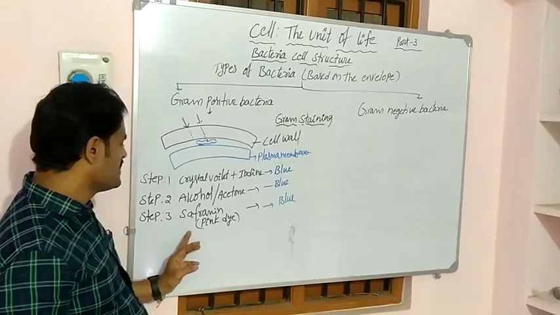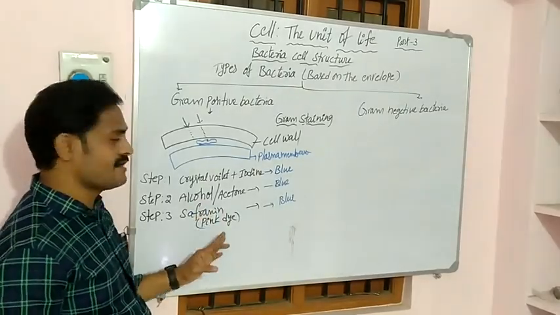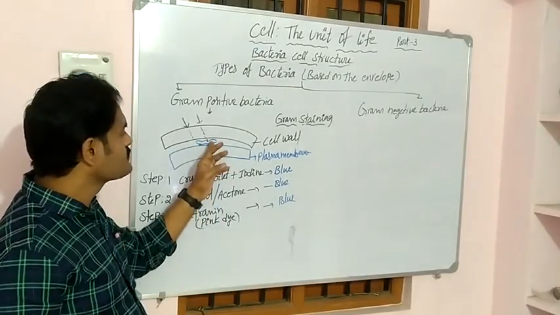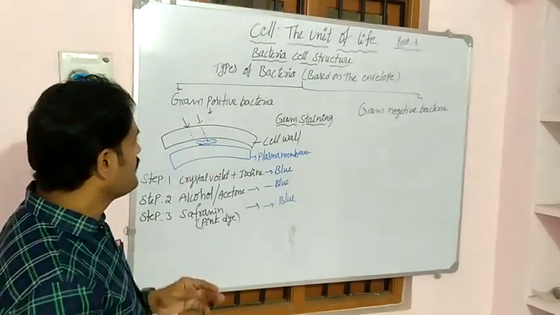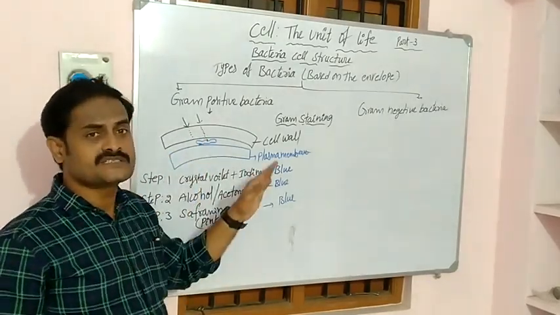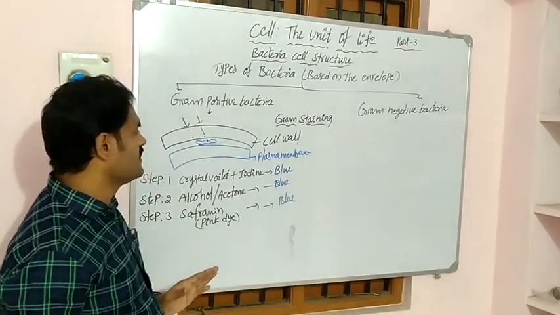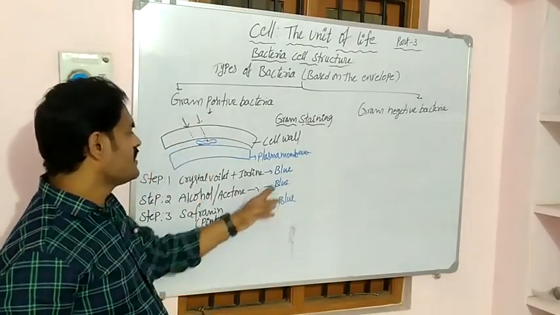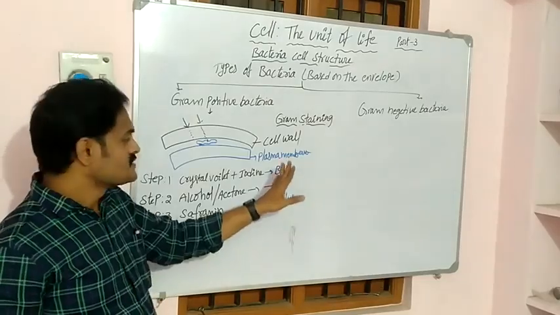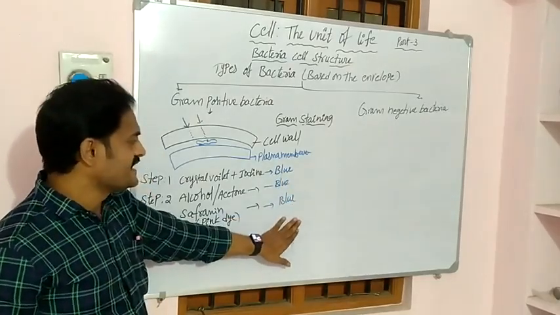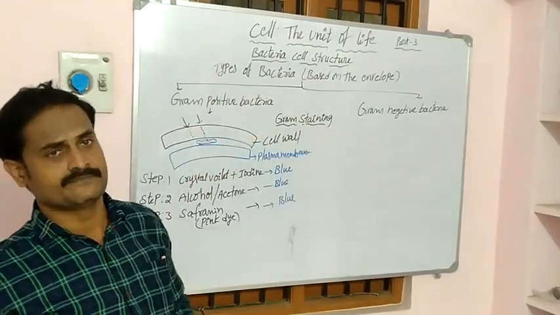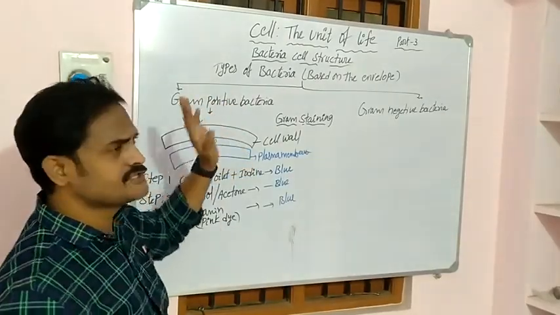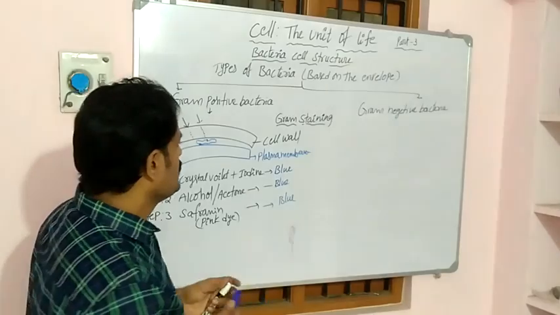Then finally we add a pink color saffron. It also forms blue color. So when we apply the gram staining method to the bacteria, it always forms blue color. So this blue color indicates this is a gram positive bacteria.